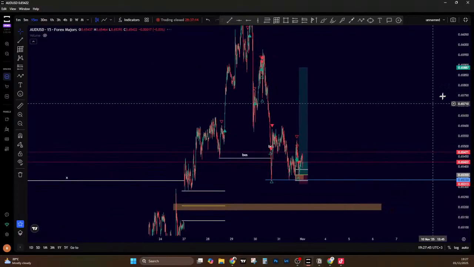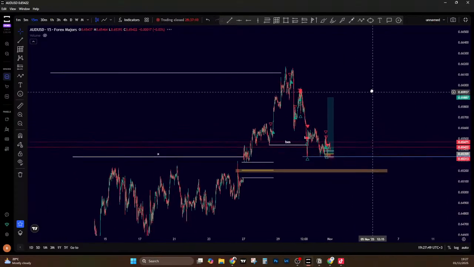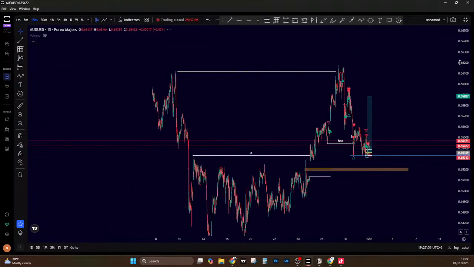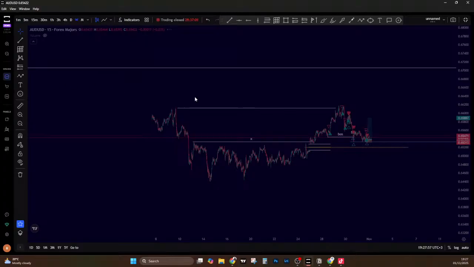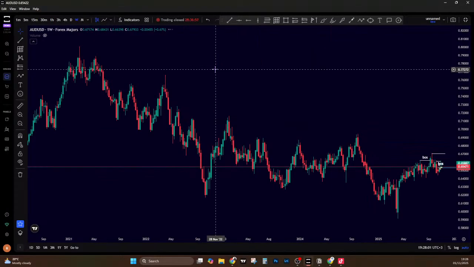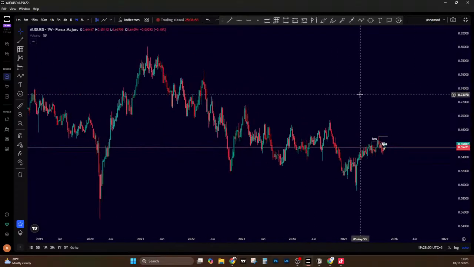So I think for AU, I can use the analysis I had already made. AU is buying, and if there is a pair that is giving me a headache it is AU, because I don't understand why it is buying while other pairs are selling.